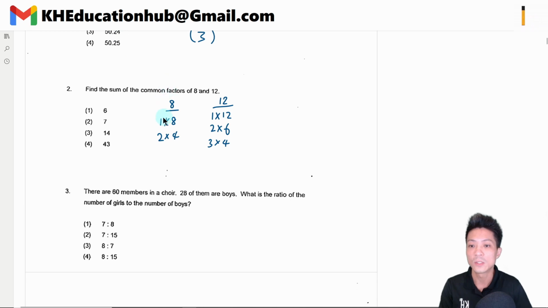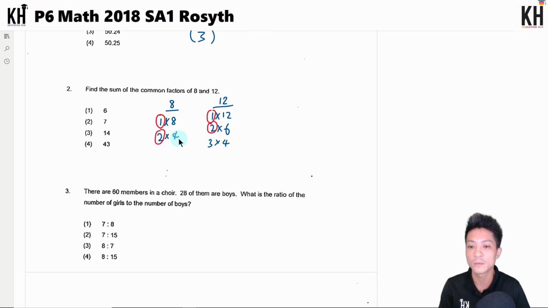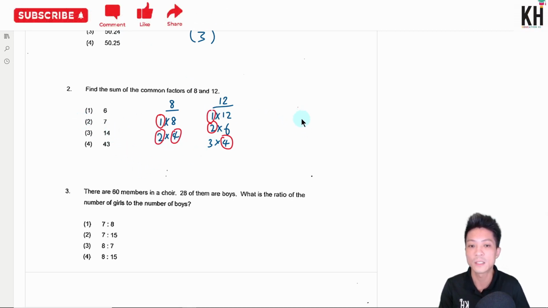So the common factors are 1, 2, and 4, which means that 1 plus 2 plus 4 is equal to 7. The answer is number 2.